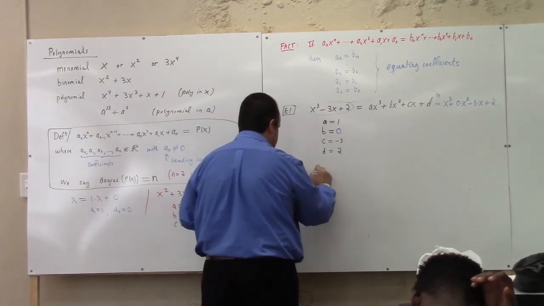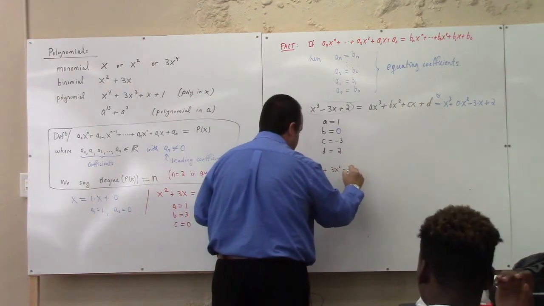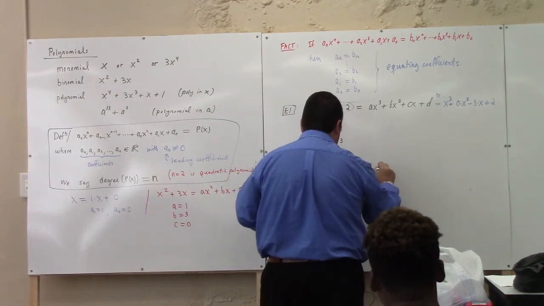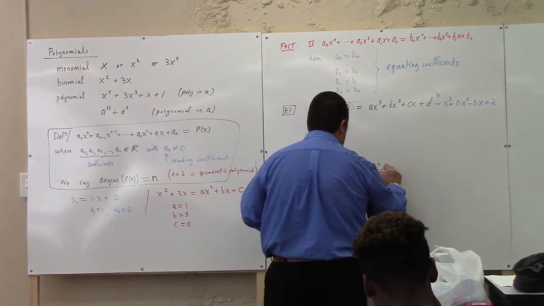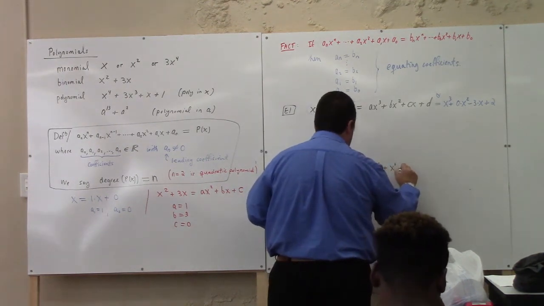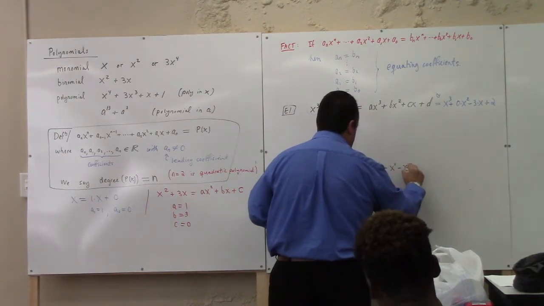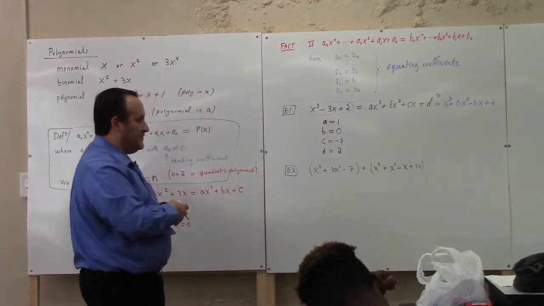Suppose we have x cubed plus 3x squared minus 7, and we want to add to that x to the 5th plus x squared minus x plus 10. All right, we want to add these two polynomials.